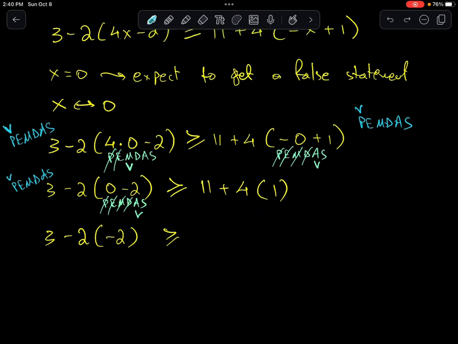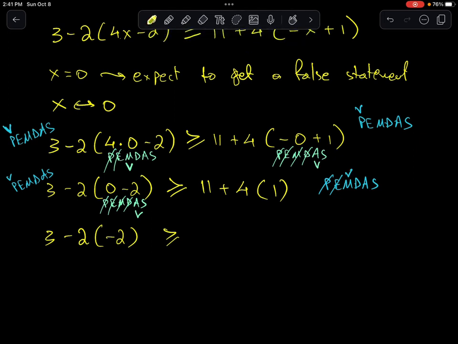I need the PEMDAS for that. Do I have a parenthesis? I have a parenthesis, but there's nothing to do in there. So nothing. Exponents, nothing. Multiplication, I have a multiplication here. So this is what I'm going to do.